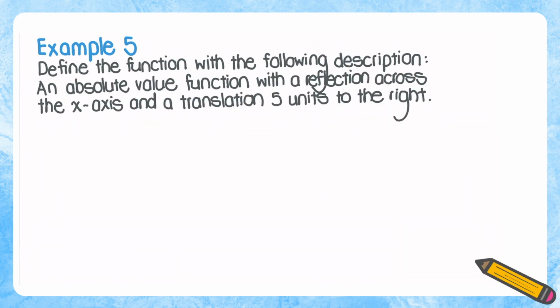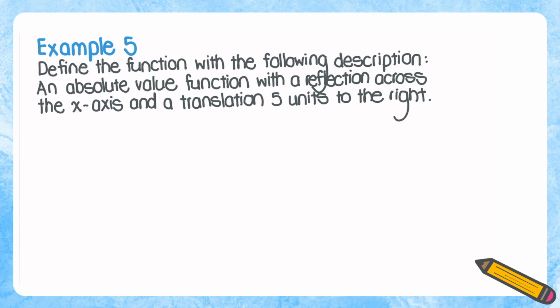For this next example, let's define the function with the following description. An absolute value function with a reflection across the x-axis and a translation 5 units to the right. Again, let's break this description down piece by piece.